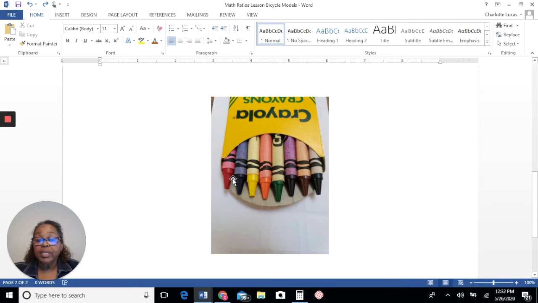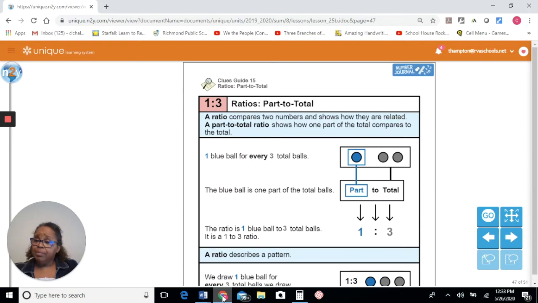The ratio is 1 to 8. One of the 8 is red. The ratio of red crayons in this box is 1 to 8. You have to think about the whole container first. It's 1 to 8. So that helps to clear up things.